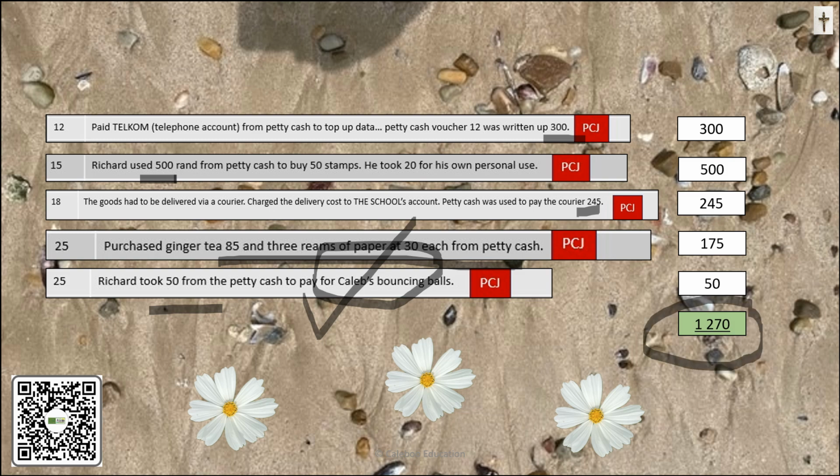That is the amount that went into the Cashbook payments, 1,270, to restore the Imprest amount. We need to replace what has been spent for the month.